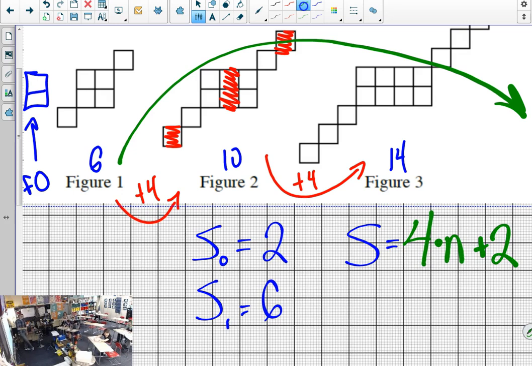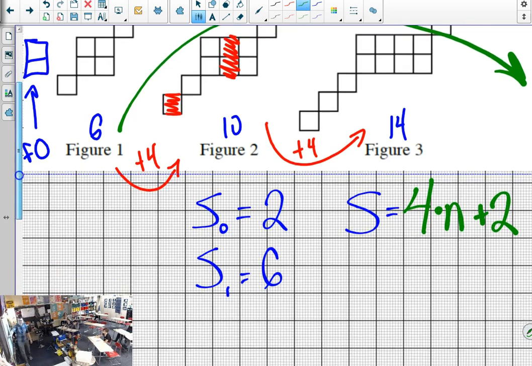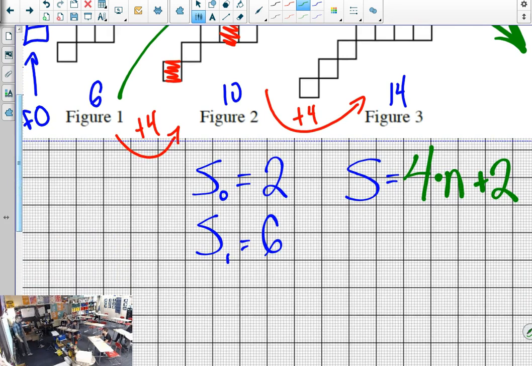So figure 100 now, instead of having to add 4 100 times, or actually 99 times if we started at 1, what do I do? You just multiply. You literally do the equation you have right now, and you substitute the n.